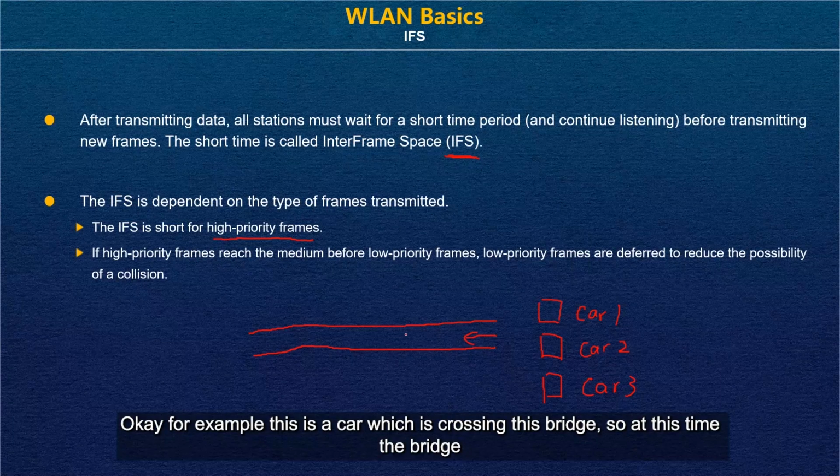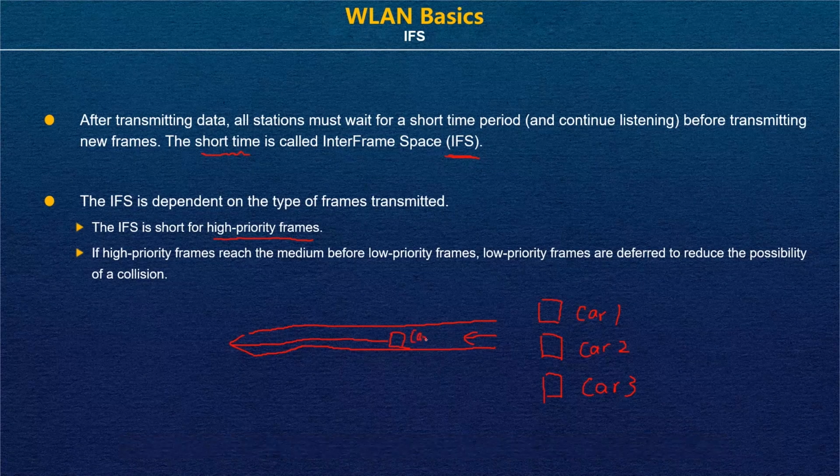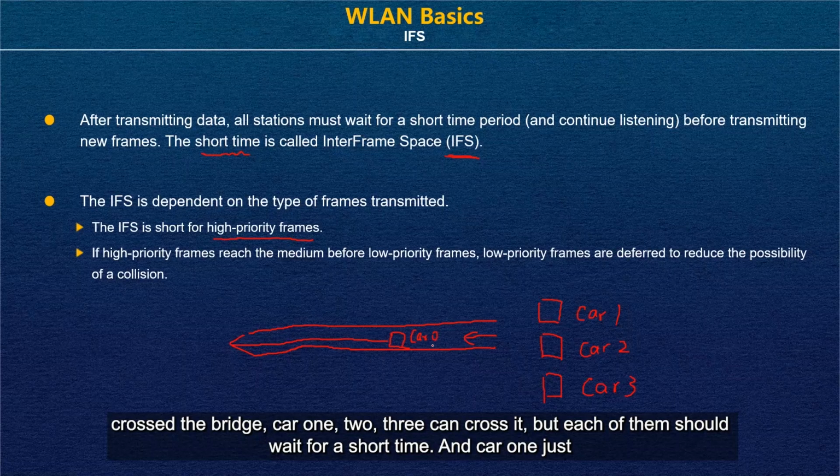Okay, so for example, this is a car that has crossed this bridge. So now at this time, the bridge is idle. And all the cars should wait for a short time. For example, after car 0 crosses the bridge, car 1, car 2, car 3 want to cross it.